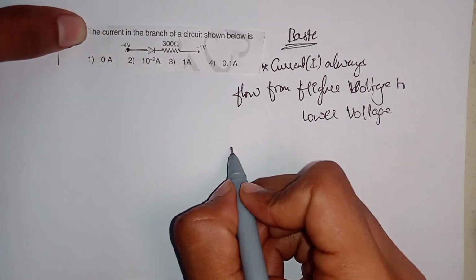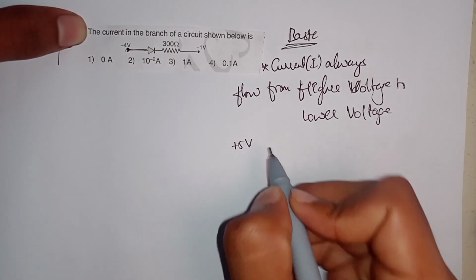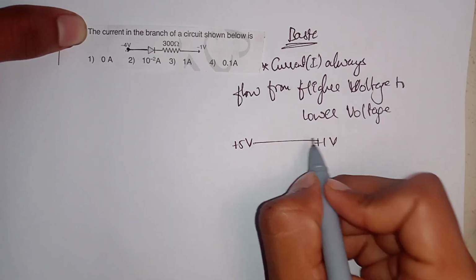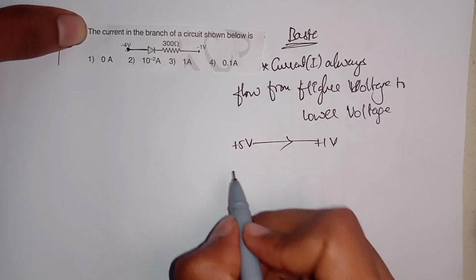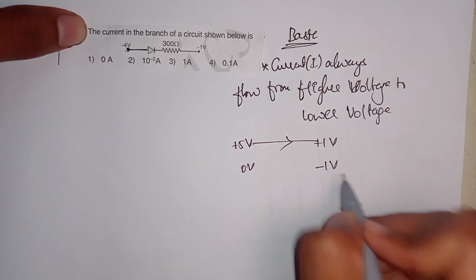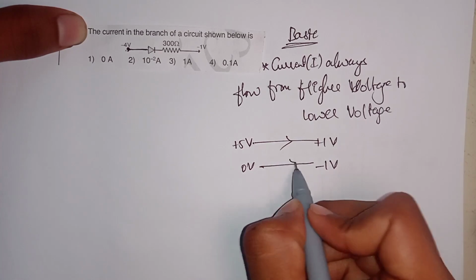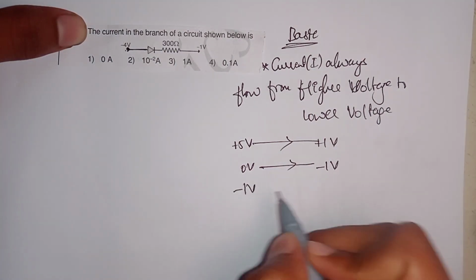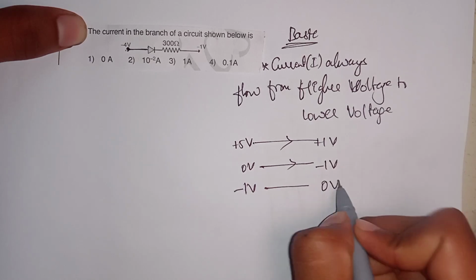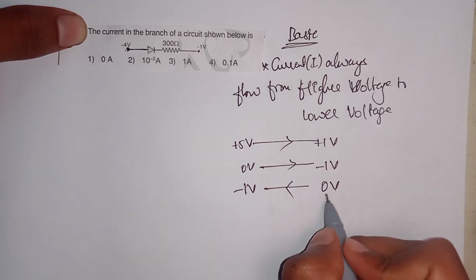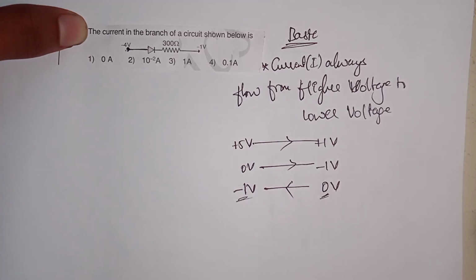Example, if you have a plus 5 voltage here and plus 1 voltage here, the current will flow from here to here. If you have a 0 voltage here and minus 1 voltage here, the current will flow from here to here. If you have a minus 1 volt here and 0 volt here, the current will flow from 0 volt to minus 1 volt. 0 is a higher value, minus 1 is a lower value.